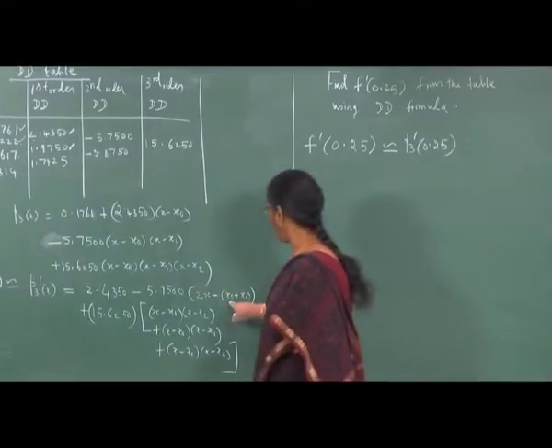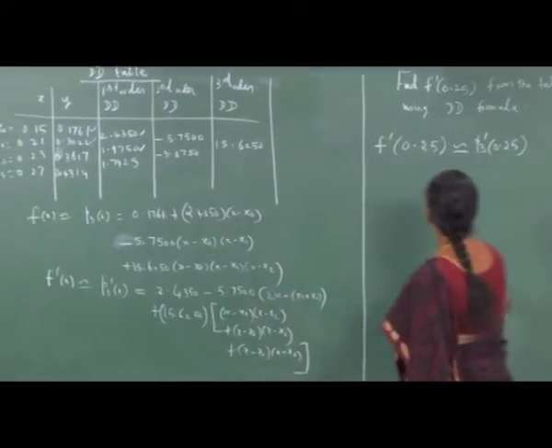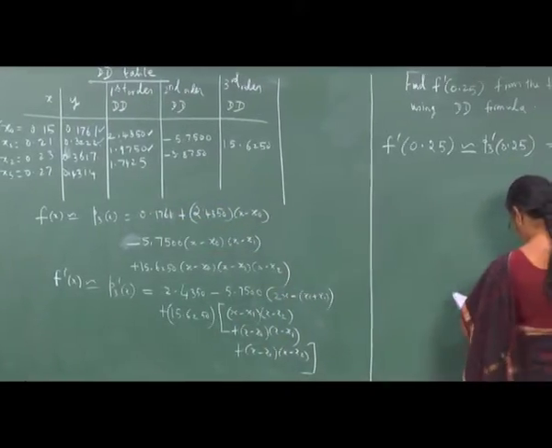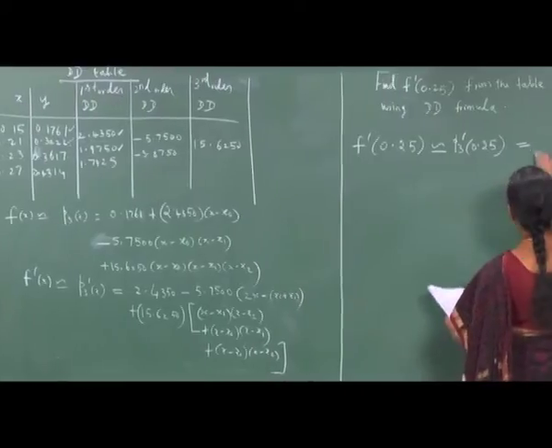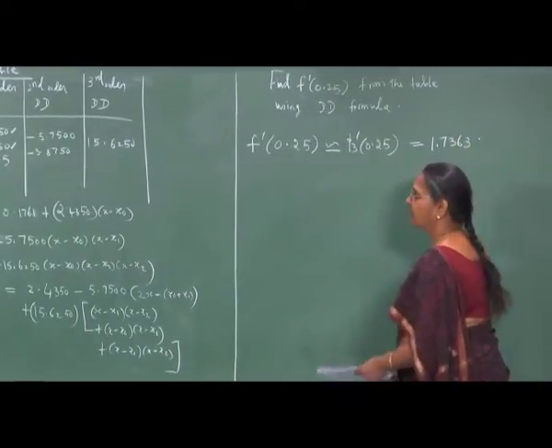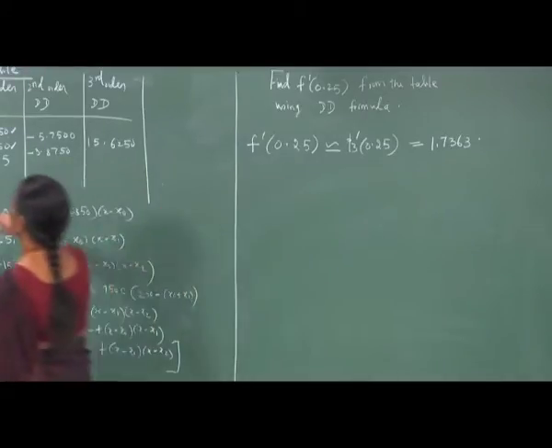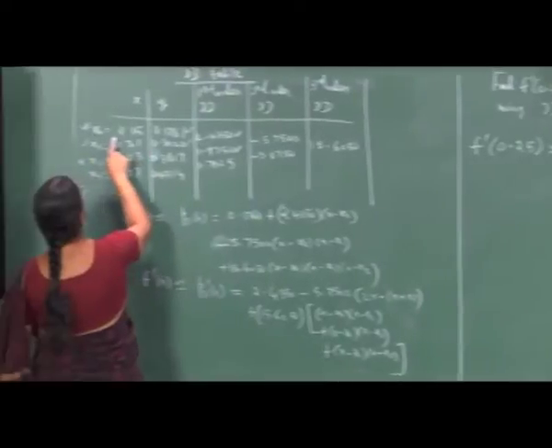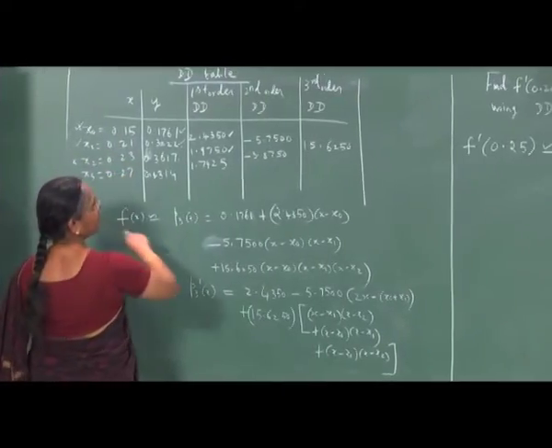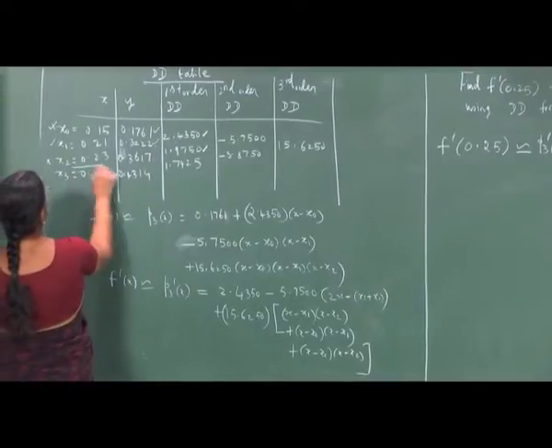And you know what x0, x1, x2 are, they are given in the table. So, if you substitute, you end up with the value which turns out to be 1.7363. This point x is not any of these nodal points. F dashed at 0.25, 0.25 is somewhere here.